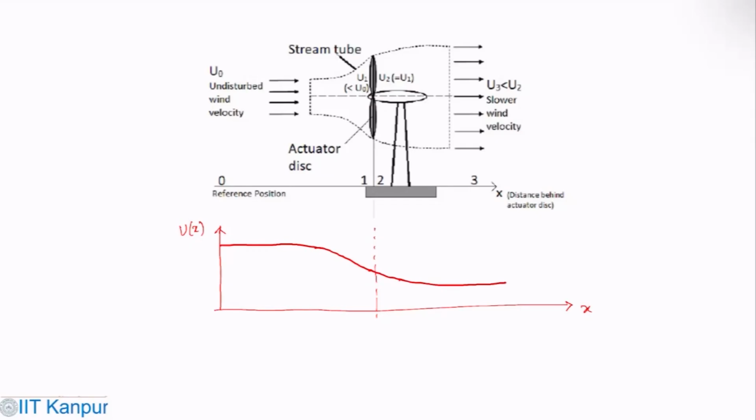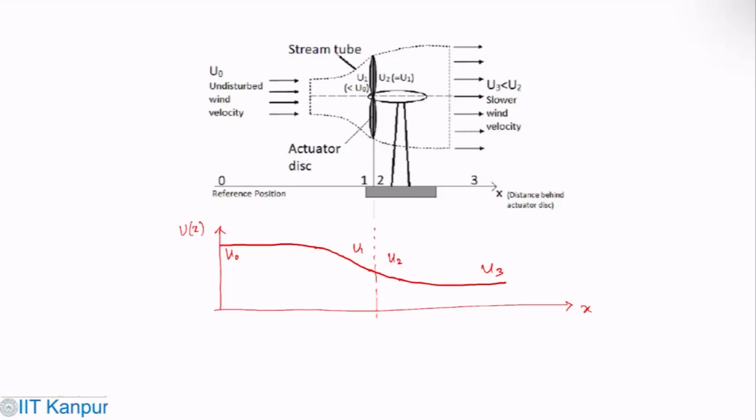Let's say this could be U naught, this is U1, U2, U3. That's how, around that turbine, we have drawn this stream tube or stream lines.